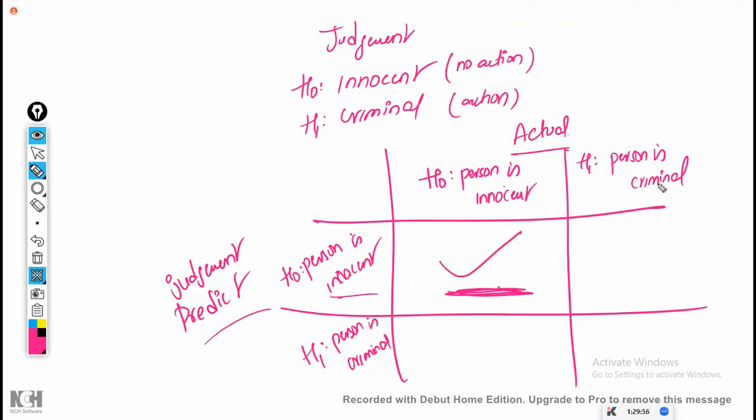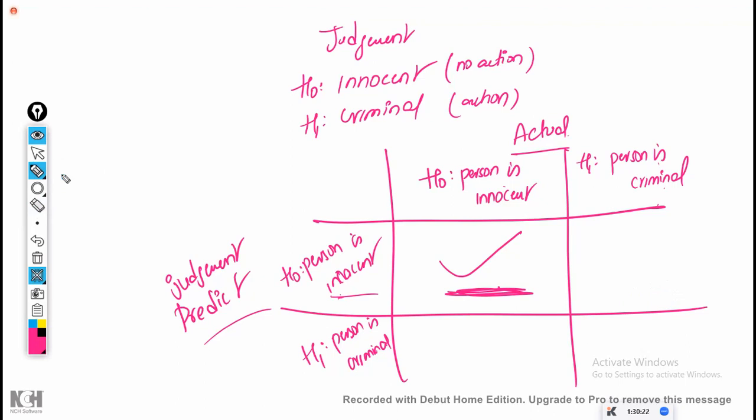Now, coming to this cell, the person is criminal. Basically, the person is criminal, but still the judge has told that you are an innocent person, you go away. A wrong judgment. Actually, the person is a criminal, but because there are no evidences, the judge will give the judgment based on the evidences only.